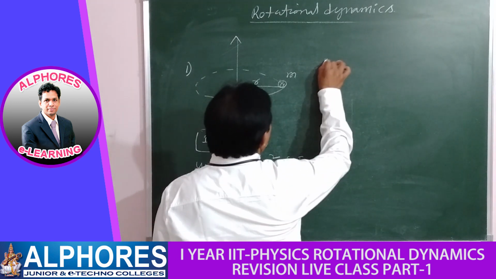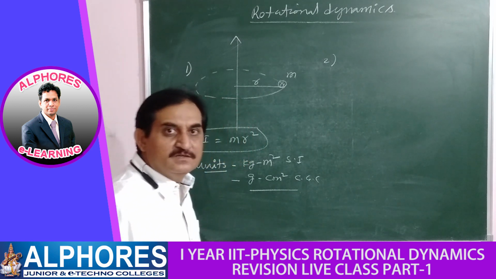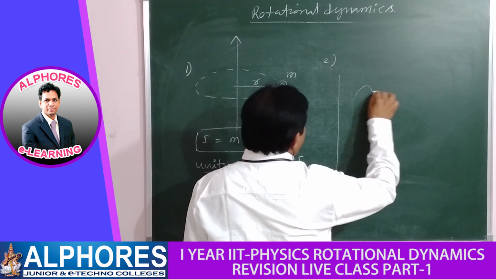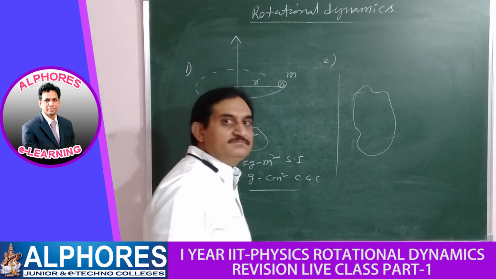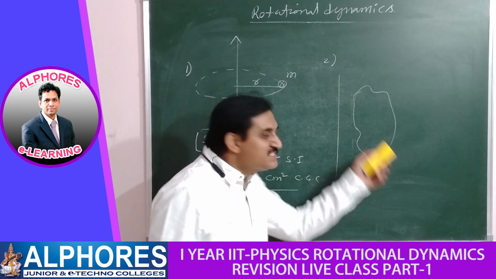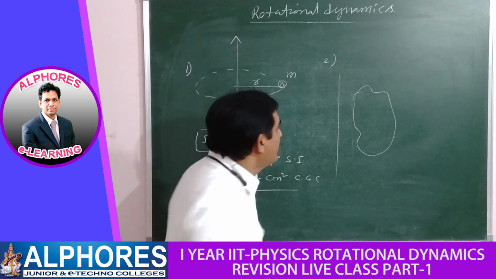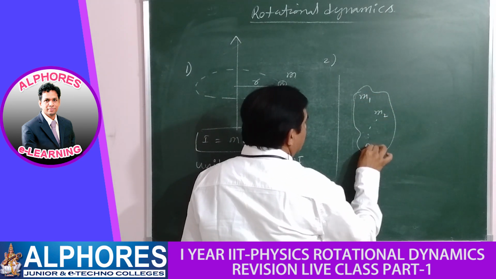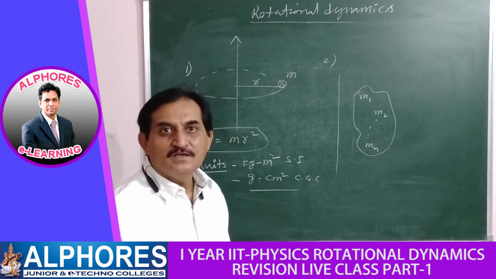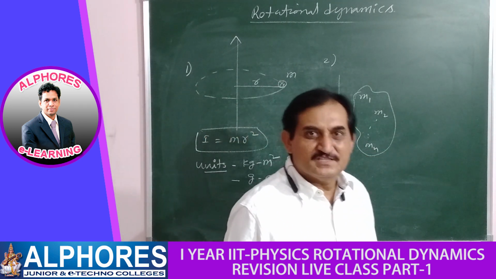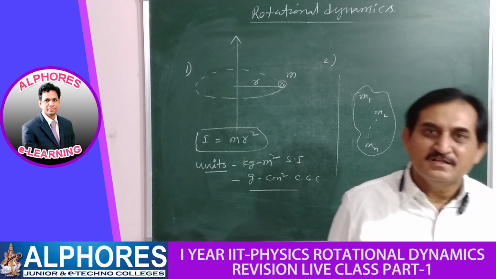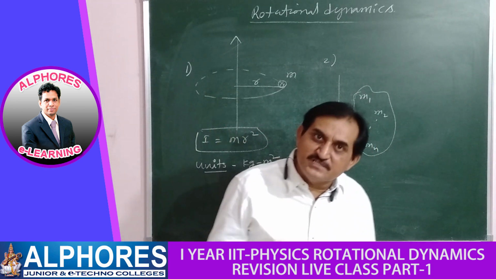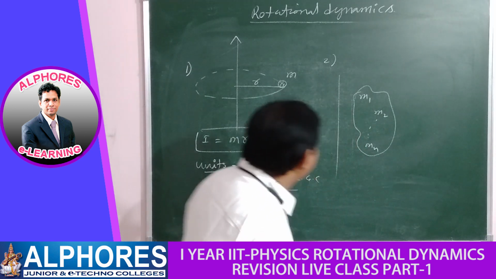And the second variety of moment of inertia. Let us find the moment of inertia of a system of particles. Let us consider a system of particles of masses m1, m2, and so on, mn, a group of particles having different masses at different distances from the axis of rotation.